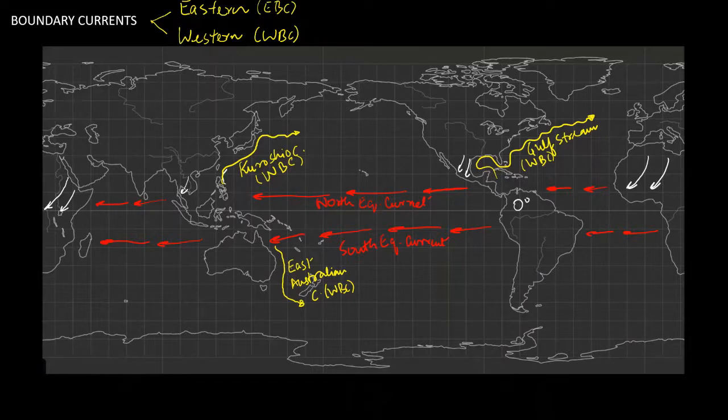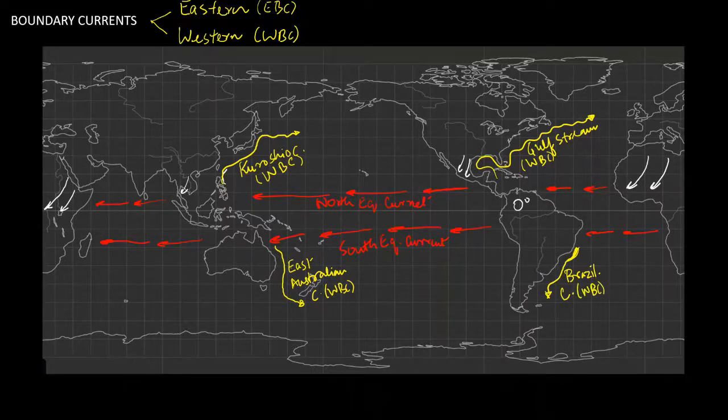In case of the South Atlantic, there is a current which goes across the Brazilian coast. The Brazil coast is the eastern side of South America, but this side of the ocean is the western side. So the Brazil current is again a western boundary current.